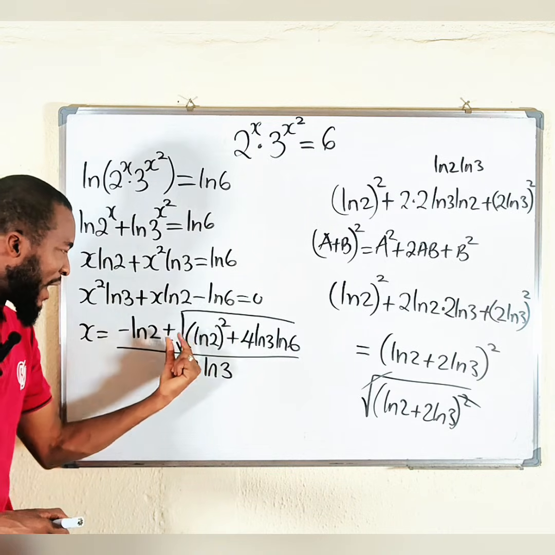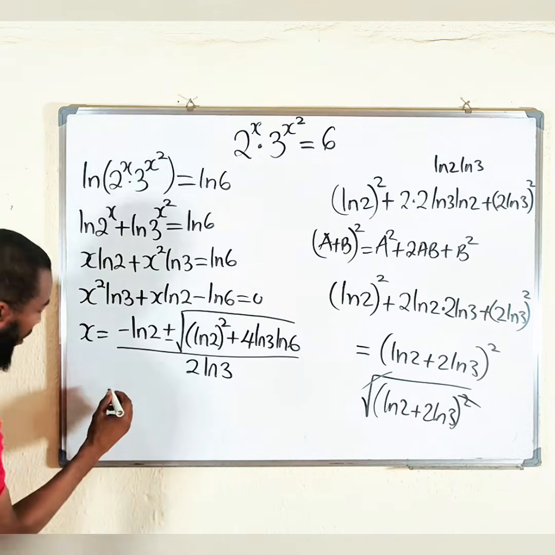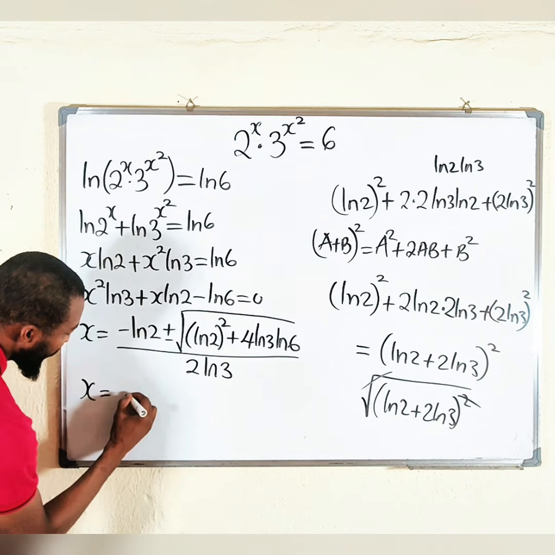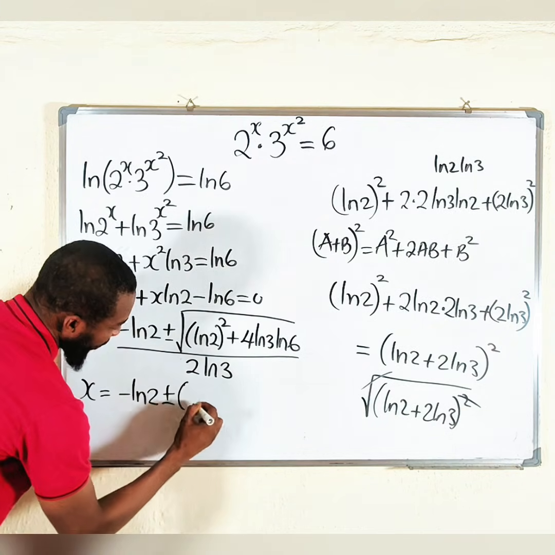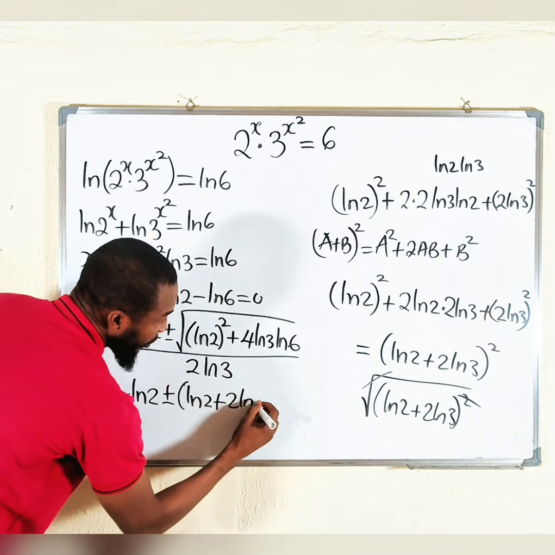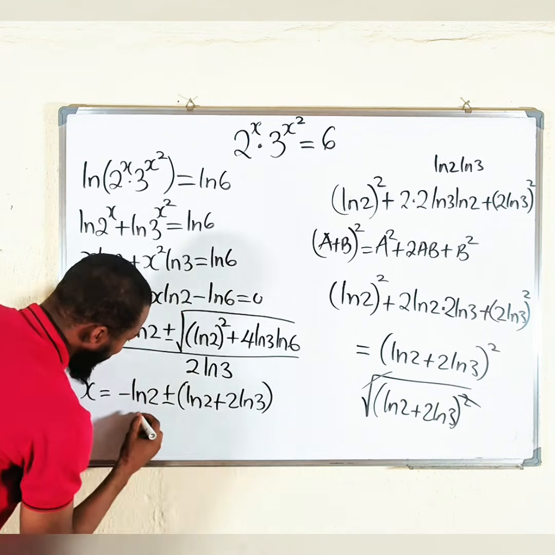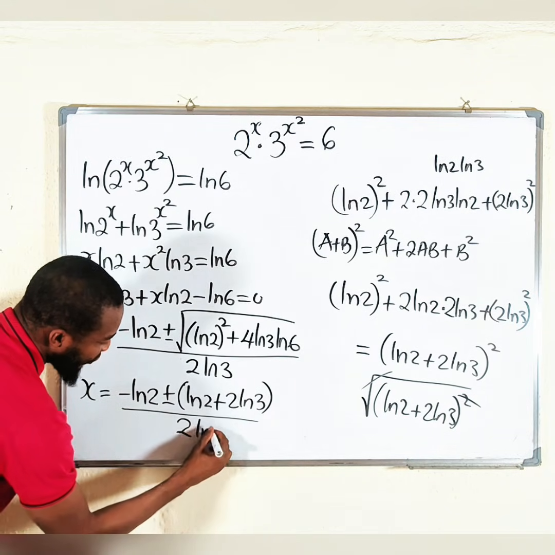So eventually, everything here is just natural log of 2 plus 2 times natural log of 3. So x is equal to minus natural log of 2 plus or minus natural log of 2 plus 2 times natural log of 3, divide by 2 multiplied by natural log of 3.